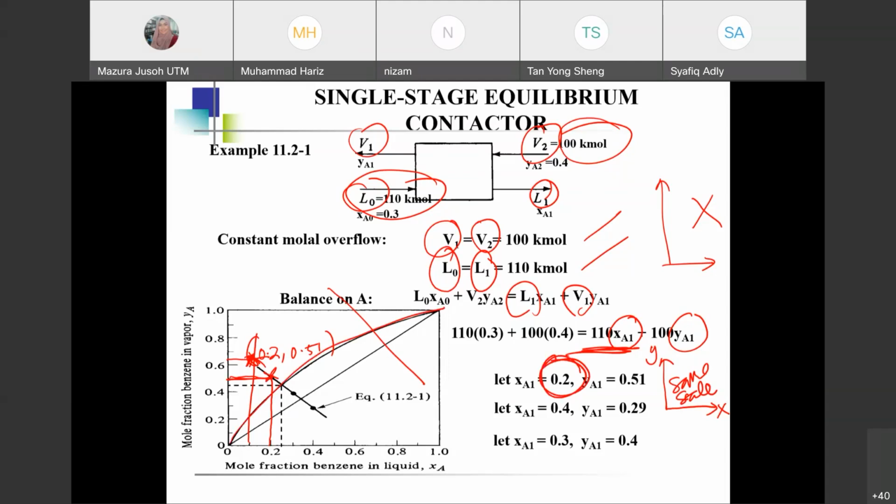So according to this, it's taking a value of 0.4. So you will calculate from the equation to get y of 0.29. So I want you to take a value near 0.4, not 0.4, but near 0.4, whatever value you can easily plot on your graph paper. And write down what is the value of your XA1 and your YA1 correspondingly.